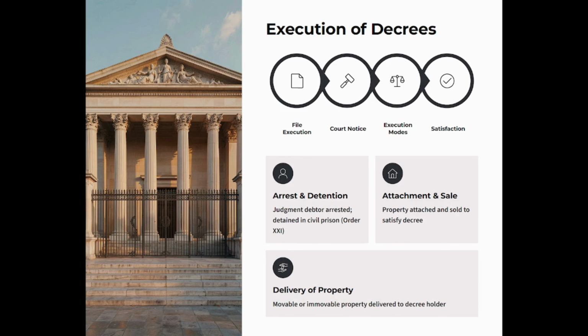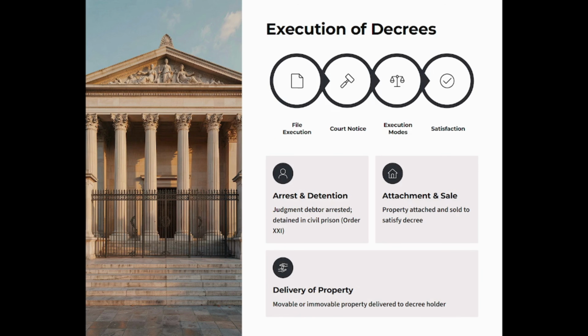Three main ways to execute a decree. Arrest and detention, that is Order 21: the person may be arrested and kept in civil prison. Usually it is a last option for money cases.